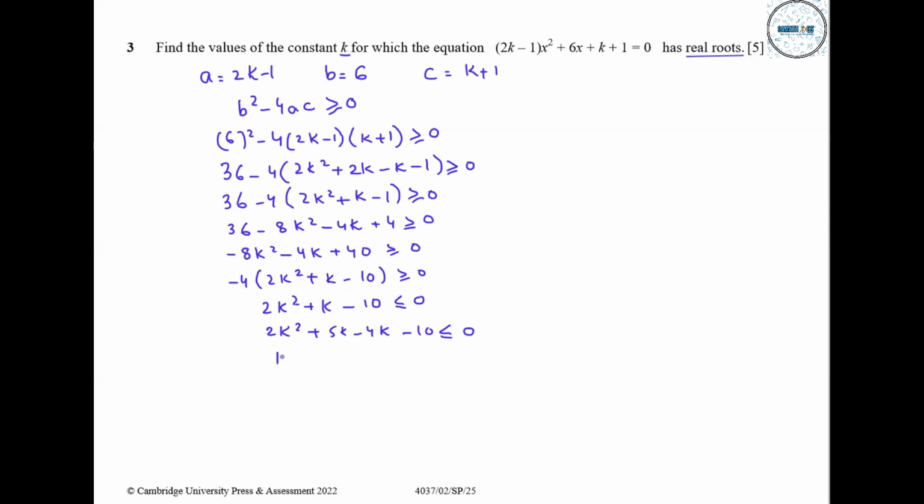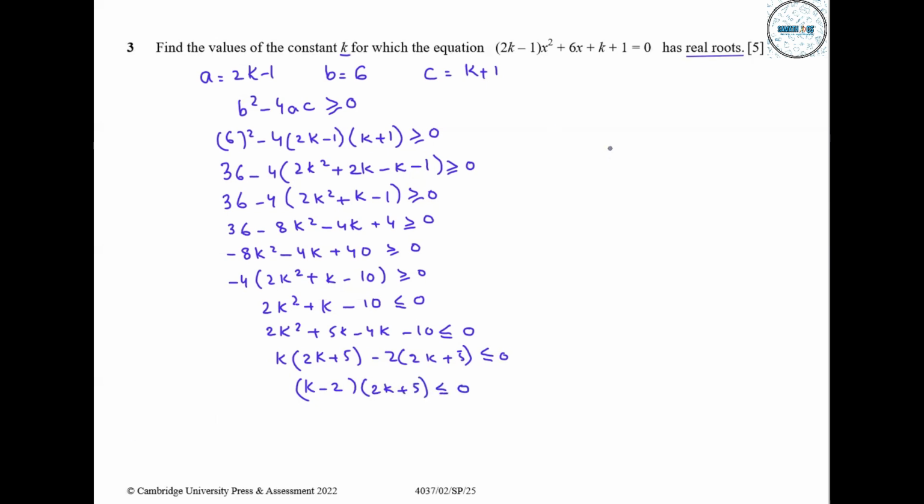So now k is common. We'll be left with 2k plus 5, minus 2 is common, 2k plus 5, less than or equal to 0. So now we have here (k minus 2) and (2k plus 5) is less than or equal to 0.